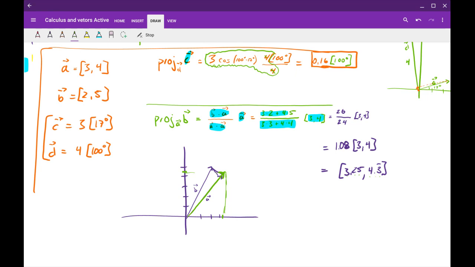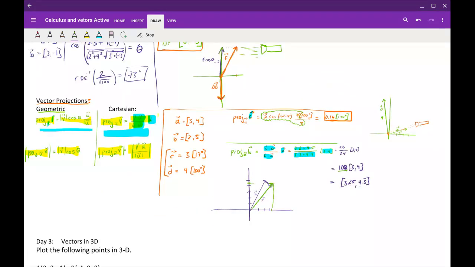And that's the projected vector of B onto vector A. Right? We got a vector that's almost the same as A, just a little bit longer. Okay? My diagram's not that great.